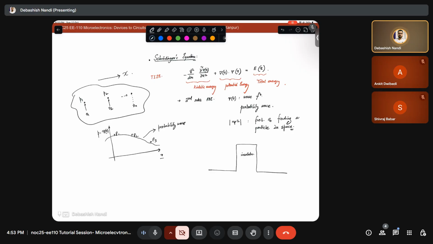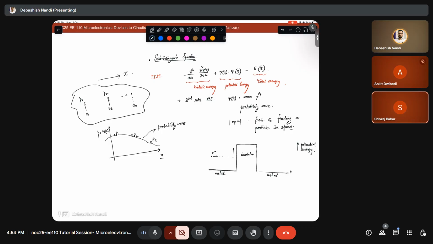Let's say this is one metal and this is another metal, and the potential at these points is zero. The y axis I am drawing is the potential energy. If one electron is passing through, what will it see? It will see a huge barrier, right?